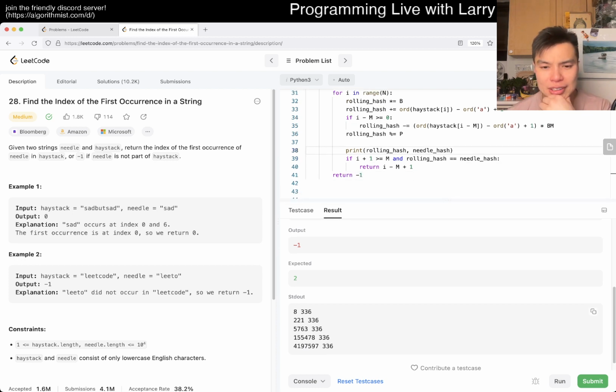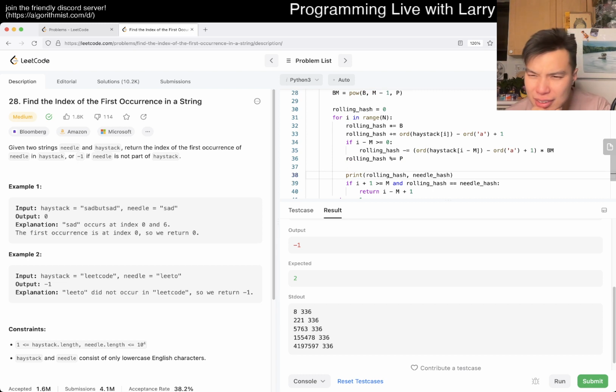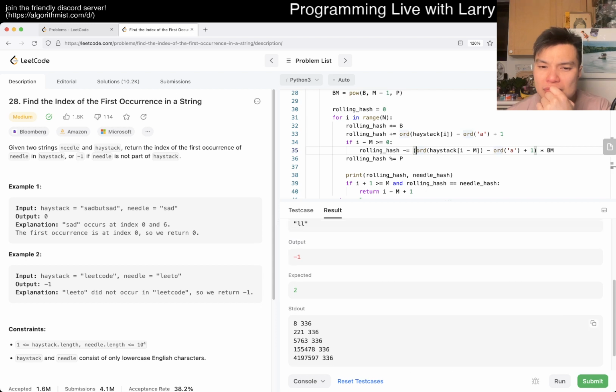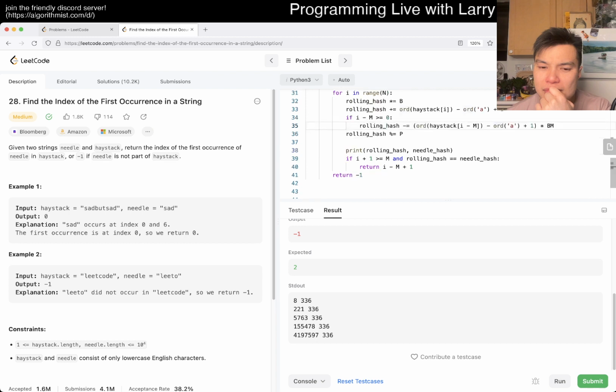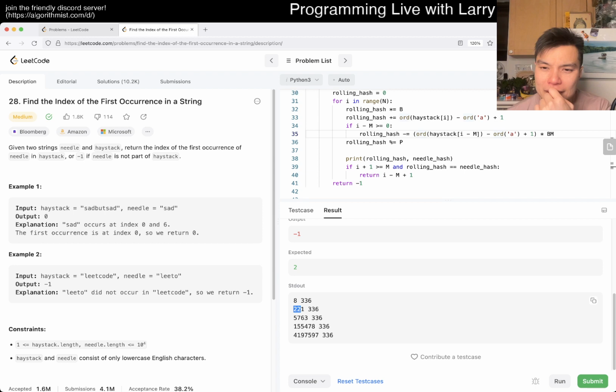So the subtraction, did I mess up on the subtraction? So 8, and then it's probably right. This doesn't look like it's subtracting it, is it?